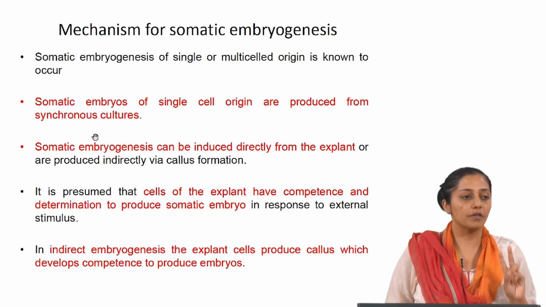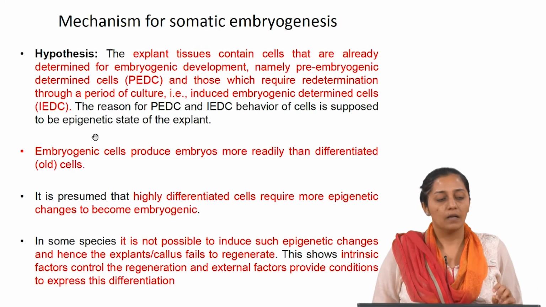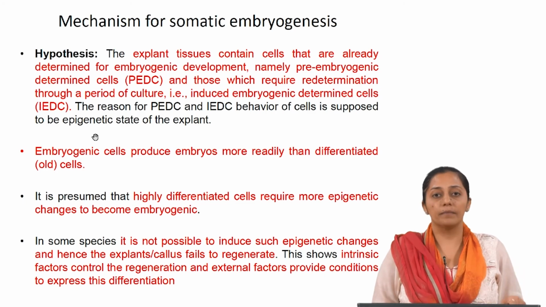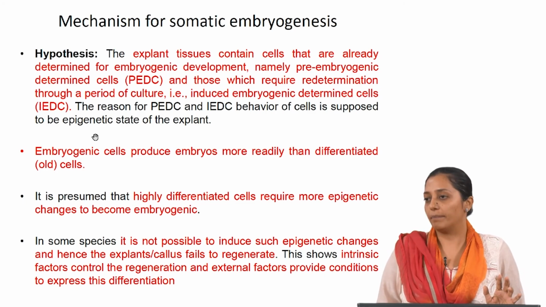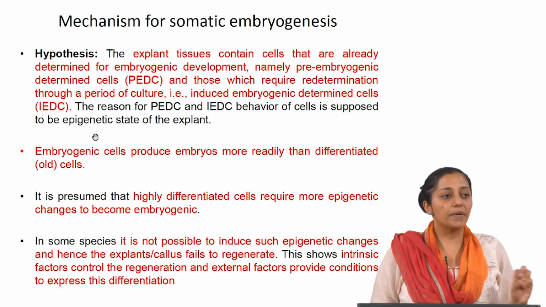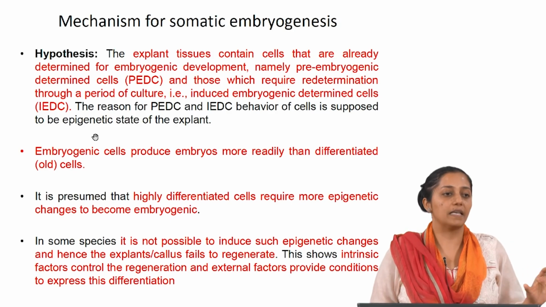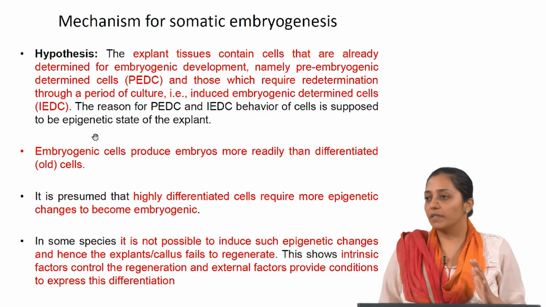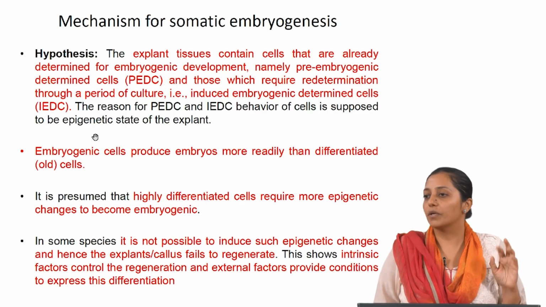Now, there are two kinds of cells. What is the hypothesis? The explant tissue contains cells that are already determined to embryogenic development. So, these are called pre-embryogenic determined cells. This group of cells is already determined that, if given the chance, they will form somatic embryos.